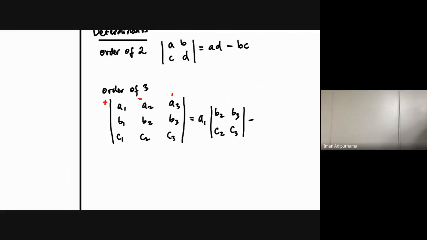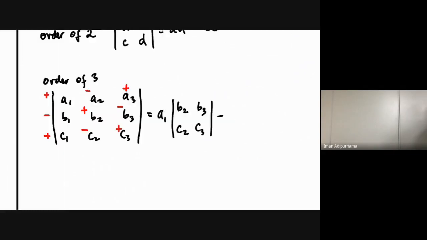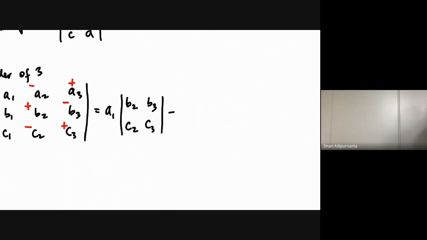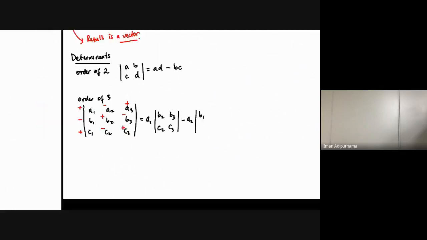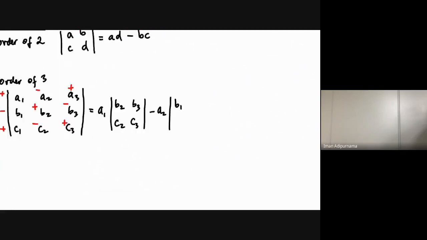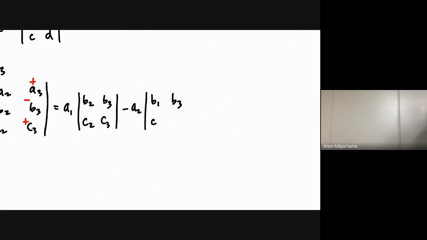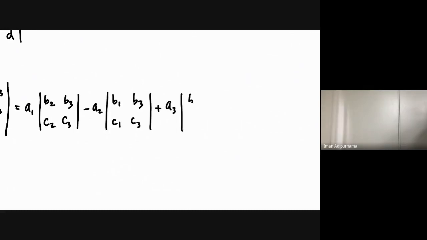I hope you remember how it works, from the matrix definitions. And A2, this is B1, B3, C1, C3, and plus A3, B1, B2, C1, C2.